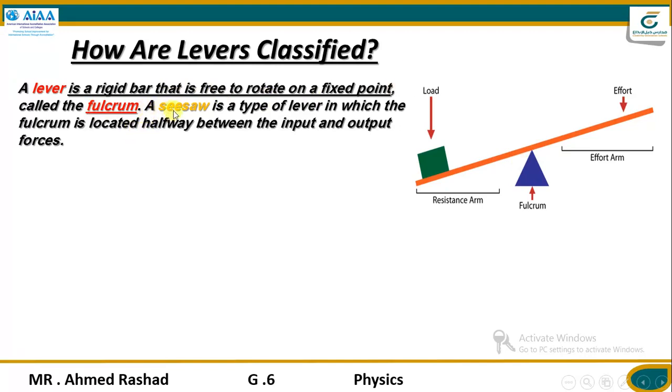A seesaw is a play game that is a type of lever, a very important example of a lever. A seesaw is a type of lever in which the fulcrum is located halfway between the input force and output force. Again, a lever is made up of a rigid bar and a fixed point we call the fulcrum, and the main example here is a seesaw. The fixed point, or fulcrum, is halfway between the input force and output force.